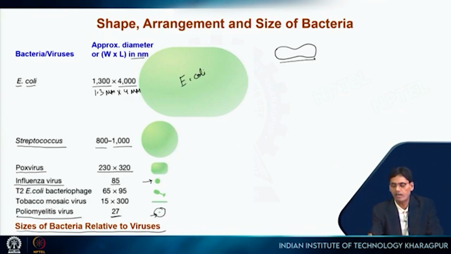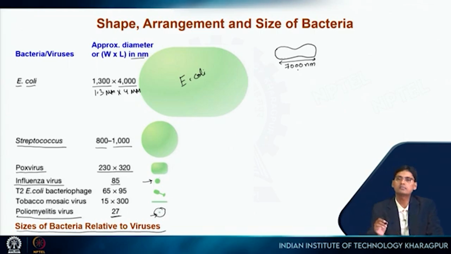The diameter of RBC is about 7000 nanometer. Now you can compare this with E. coli, and I should mention RBCs are roughly smaller cells compared to other cells present in our body.